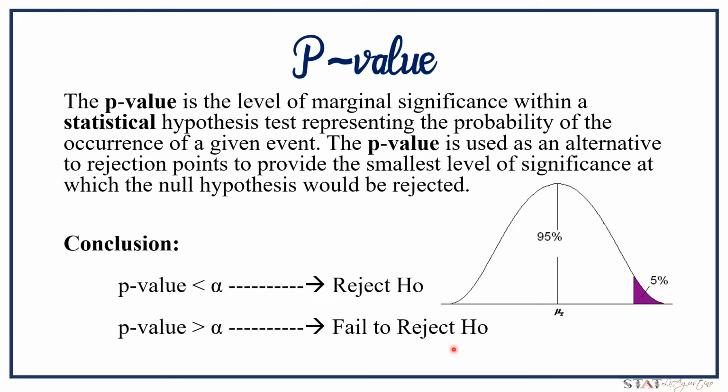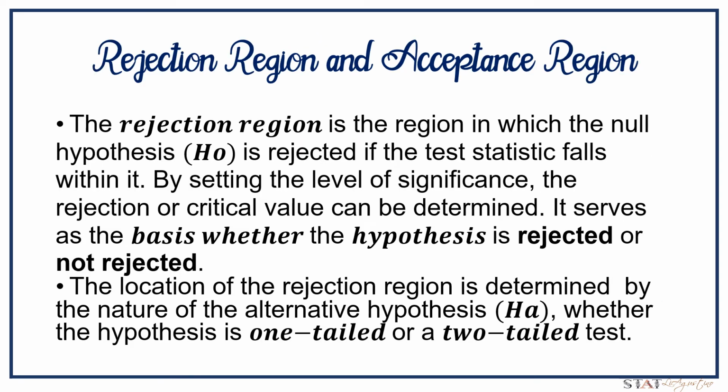You have accepted that there is no significant difference. So that is the p-value. It is the level of marginal significance within a statistical hypothesis test representing the probability of the occurrence of a given event. And then what is this rejection region and acceptance region?